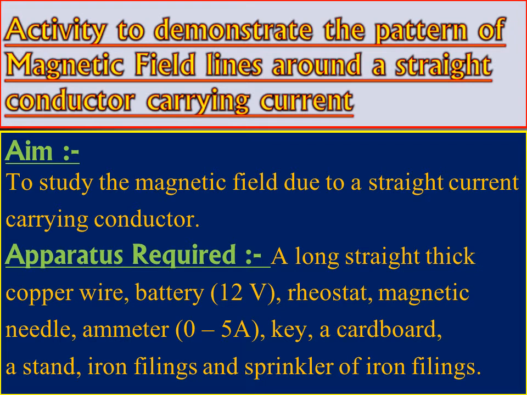An ammeter having a range from 0 to 5 ampere. A key. A cardboard where we will be noticing the pattern of magnetic field lines. A stand to fix it. Then iron filings to sprinkle. These are the things required for our activity.